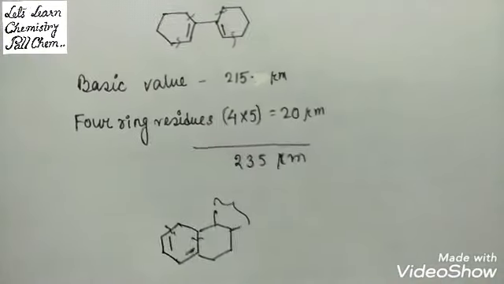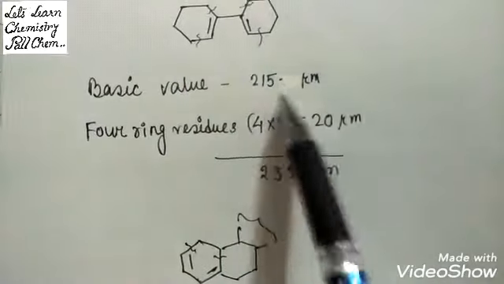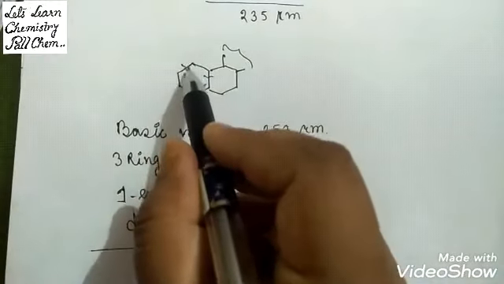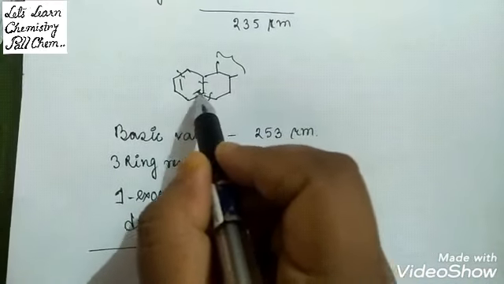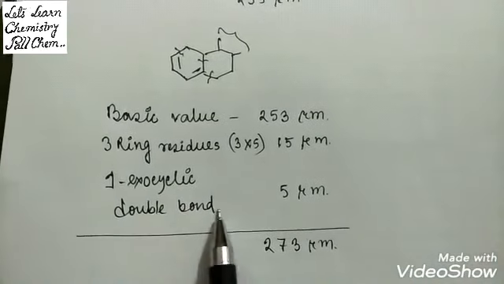Similarly, we have this example. Basic value, 4 ring residues: 1, 2, 3, 4. This one, basic value, 3 ring residues. This one, and this one. Substituent with the double bond, that means, and one exocyclic double bond.